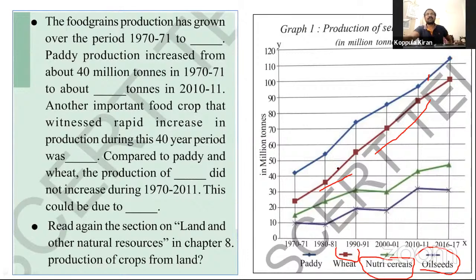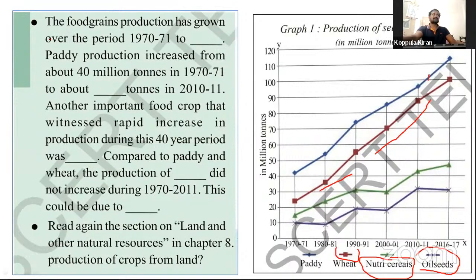In the same way, wheat and nutri-cereals, particularly jowar, and also another thing, oilseed. These are okay. Let us understand this graph through some questions mentioned here.